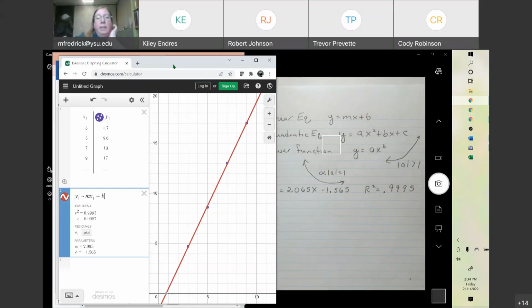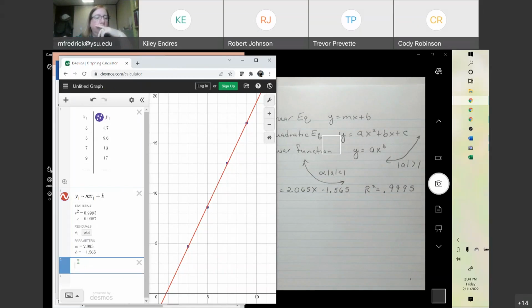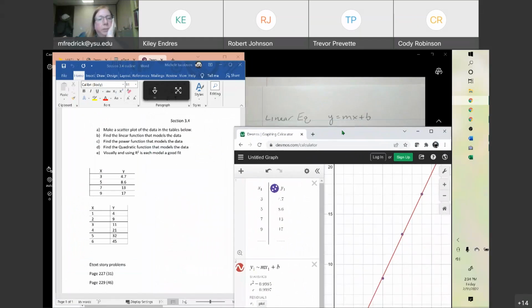And if you look, it is really close. This one's off a little bit, and this one's off a little bit, but they're pretty darn close. So that would be a linear model. Any questions on that? Okay, I forget what I put next, but doesn't matter.